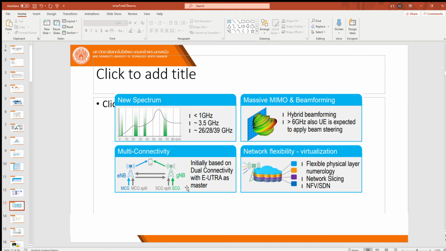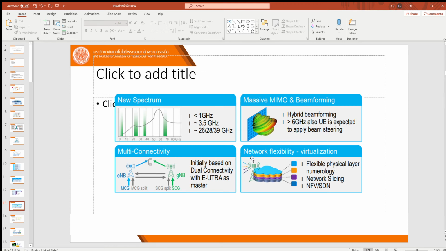In that case, you can use both of them to connect to the same mobile phone. Because what the operator doesn't have to do is remove the 4G LTE and implement 5G only, because it would be very high cost to do so. So that's why we have to do multi-connectivity.